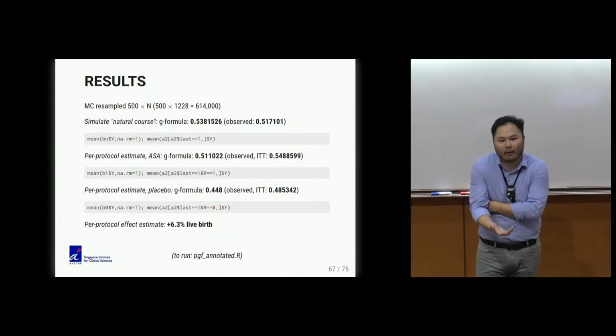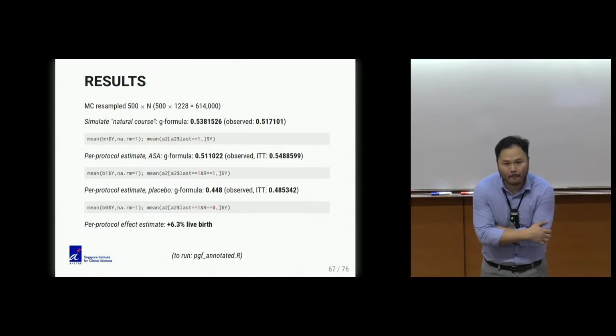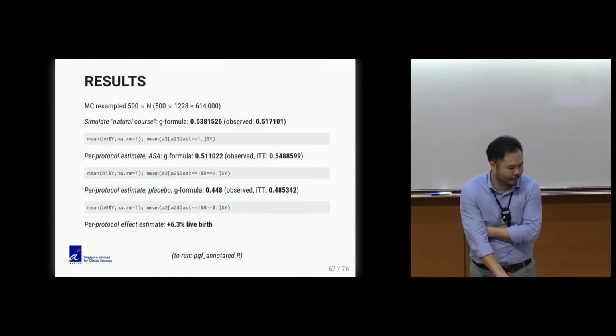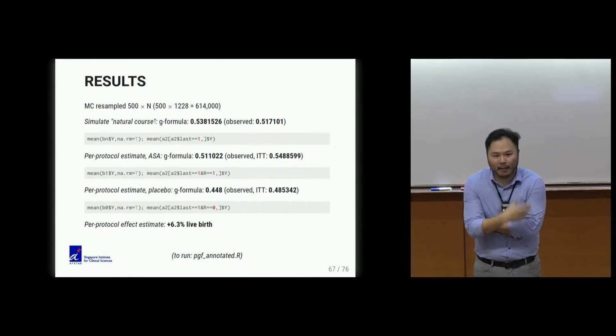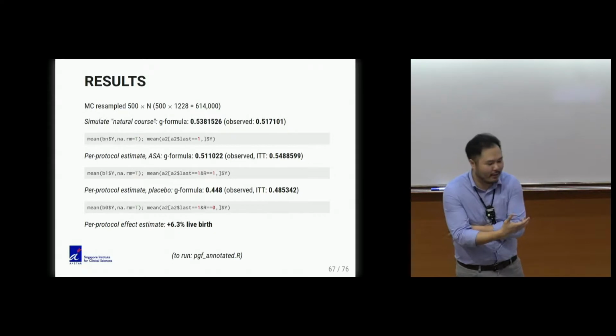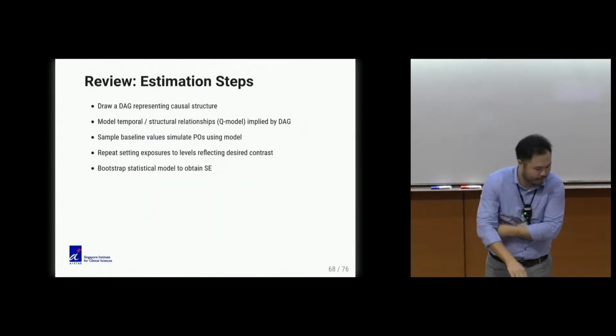But we wouldn't know before doing it. We'd only have the ITT. So does this approach demonstrate the magic of the approach? No, it doesn't. But it gives you a principled way of trying to get to the per protocol effect.